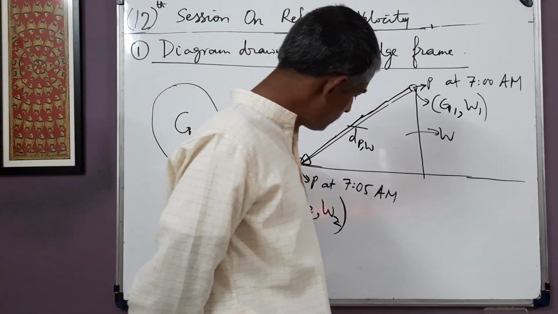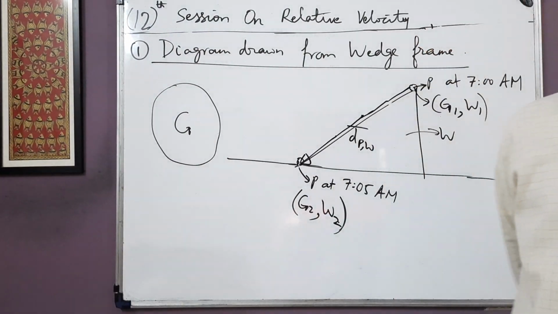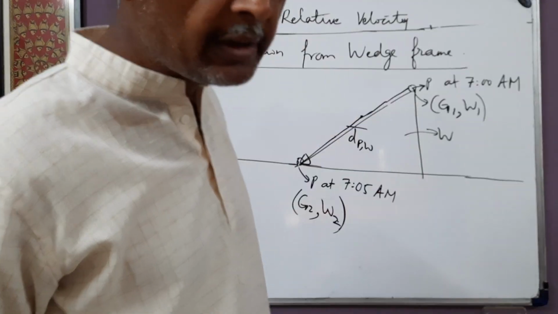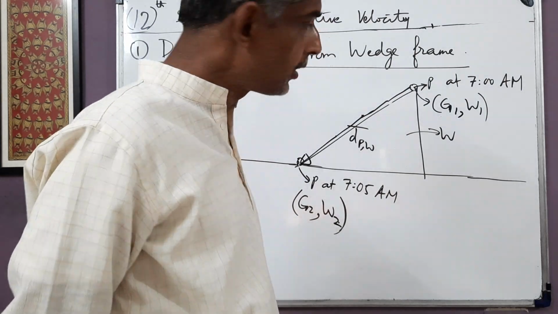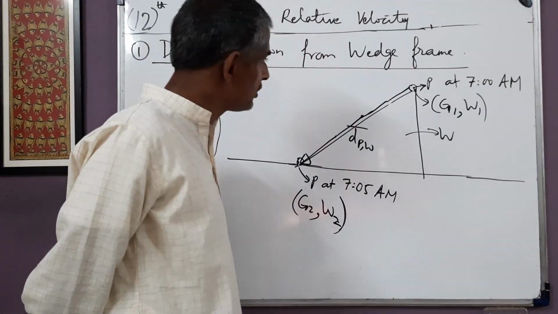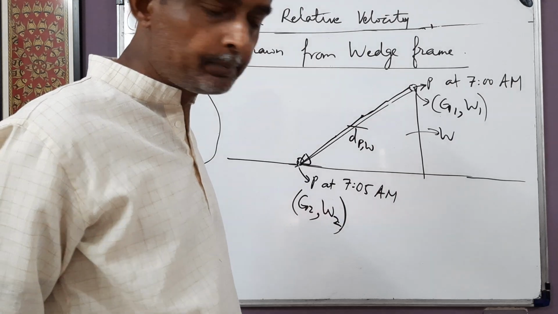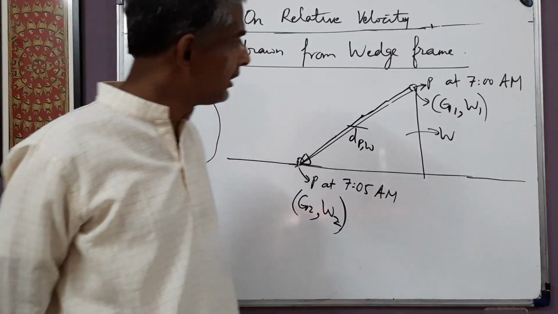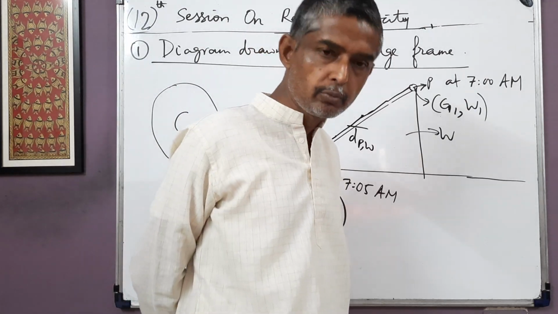Actual calculation will be carried out at 7:05 am, so we have to see where G1 and G2 are situated. At 7:05 am G2 is situated here. Now we have to see where G1 will appear to be.